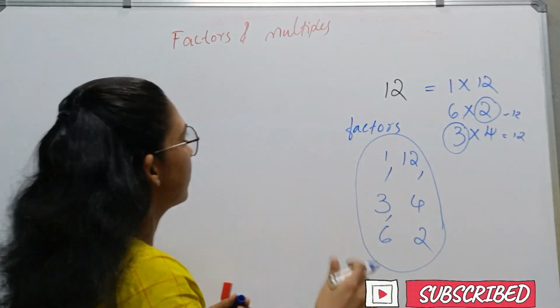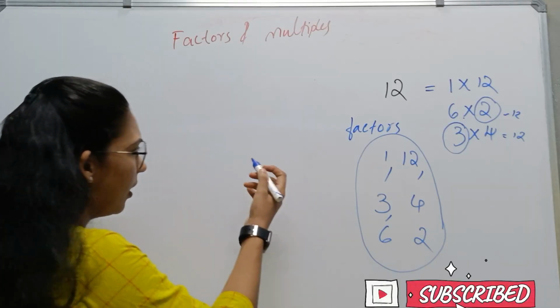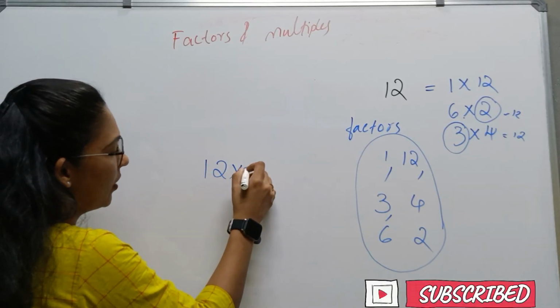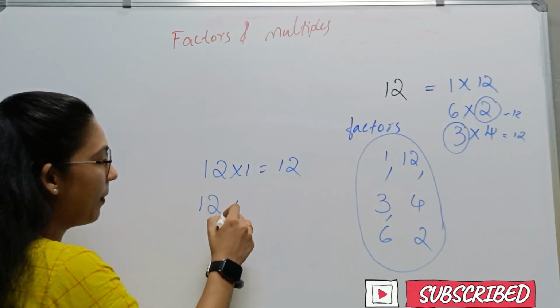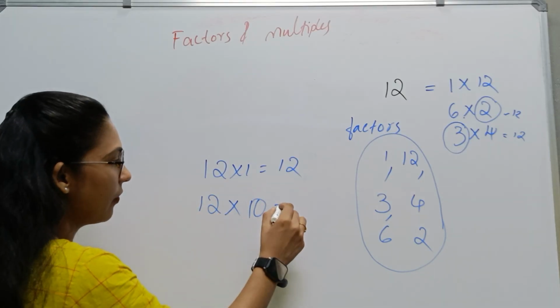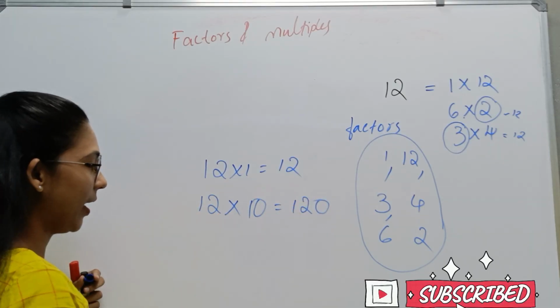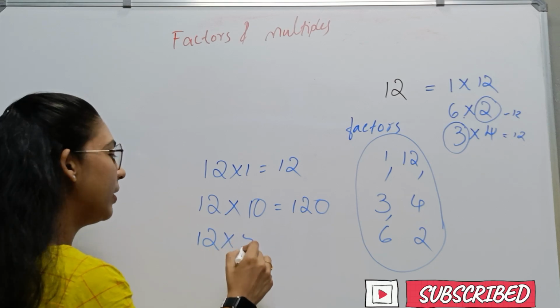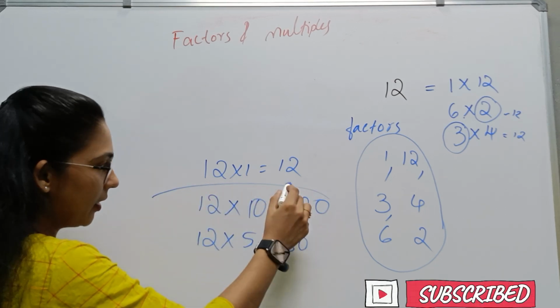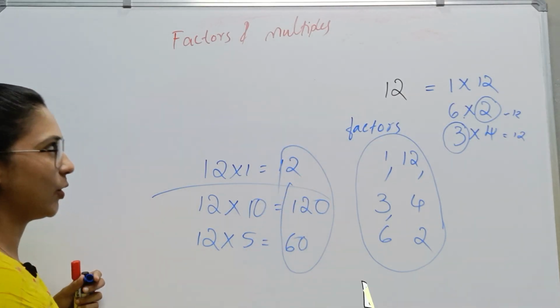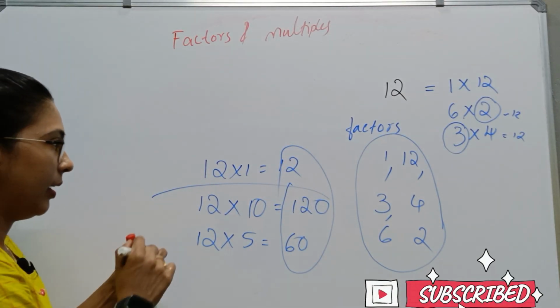So these are factors. Then what are multiples? If we multiply 12 into 1, we get 12. If we multiply 12 with 10, we get 120. If we multiply 12 with 5, we get 60. All these numbers are said to be multiples of 12.